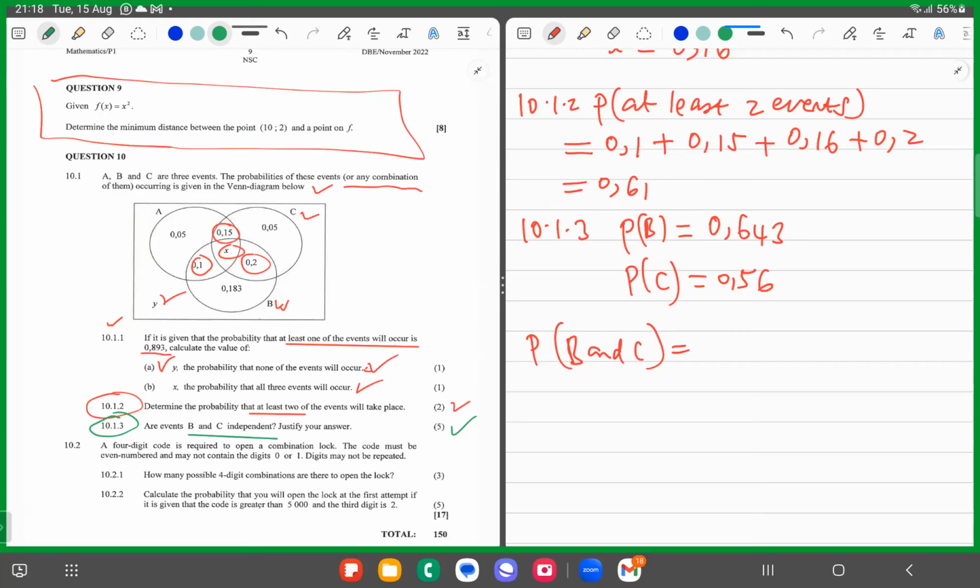I'm just using my calculator here. So B intersection C becomes what is common between B and C, and the probability of what is common between B and C is actually 0.36.